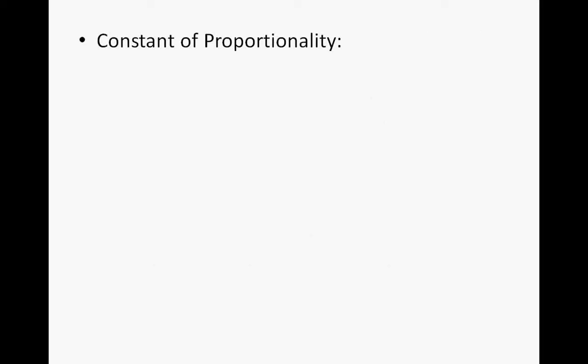Our constant of proportionality is also 9, and when we talk about constant of proportionality, we symbolize that as the small letter k. That's what we'll be using to take the place of constant of proportionality, since it's such a long word. So in this case, constant of proportionality k is equal to 9.